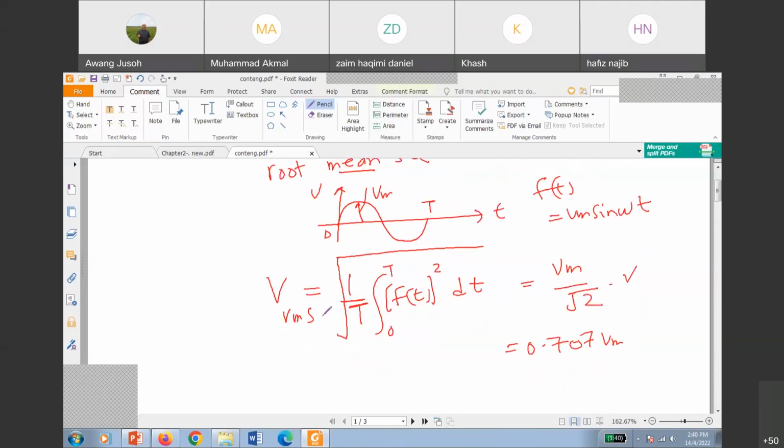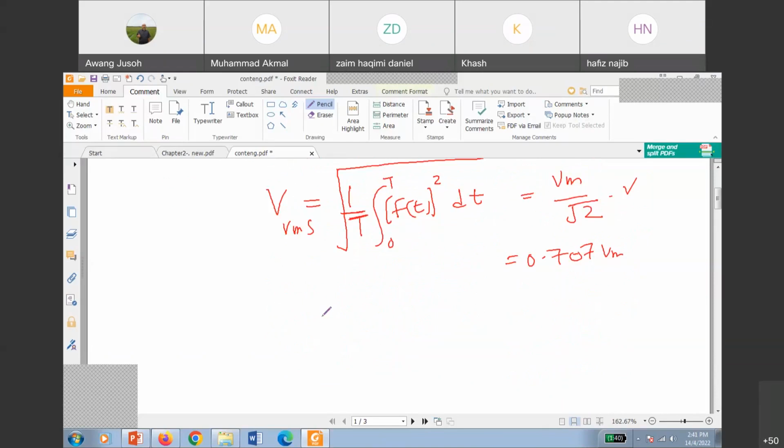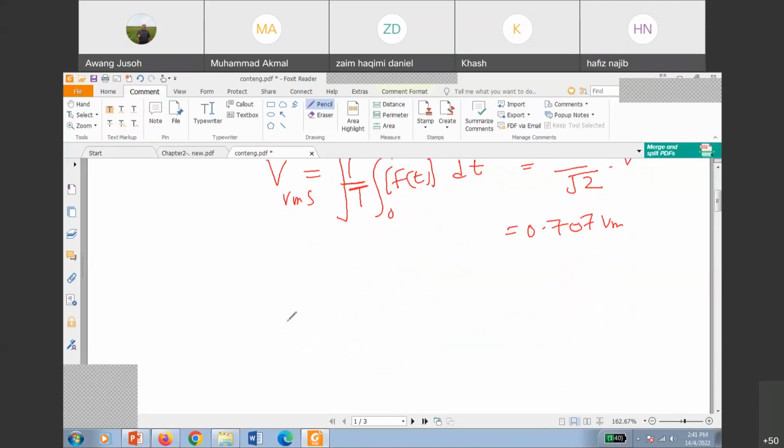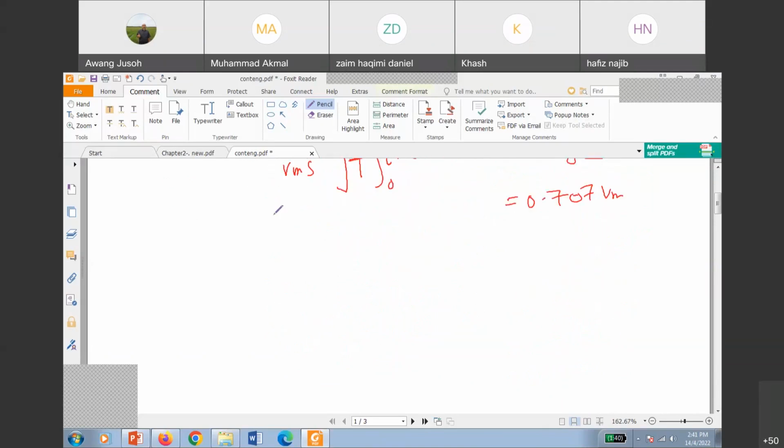In our home system, we have V RMS. The one that you see on equipment, they say voltage 240 volt, the rated voltage, and frequency 50 hertz.